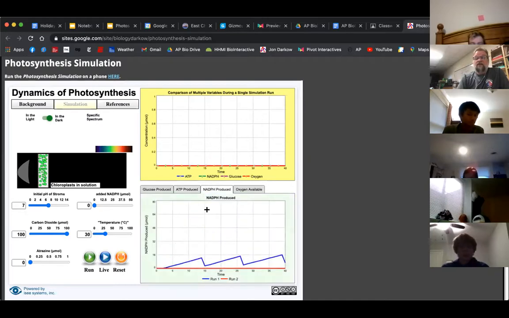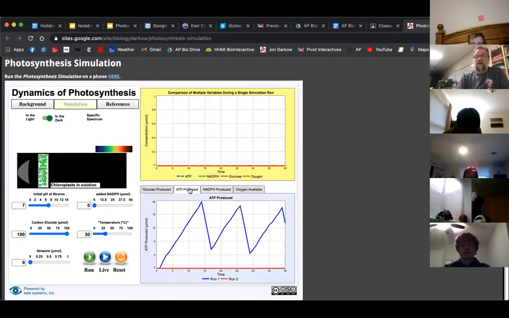And Zippo, I've got no NADPH. And this would provide the evidence that without light, I must not be hydrolyzing water because I'm not able to produce the ATP and the NADPH. But if I have the light present, bingo, I've got the electrons and hydrogen I need to produce ATP and to produce NADPH.